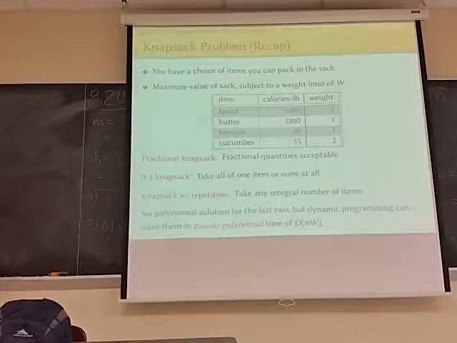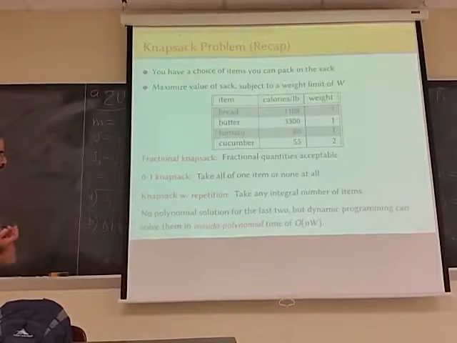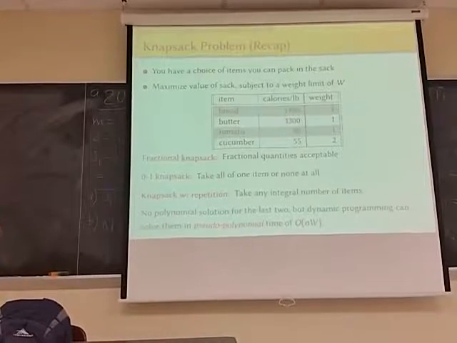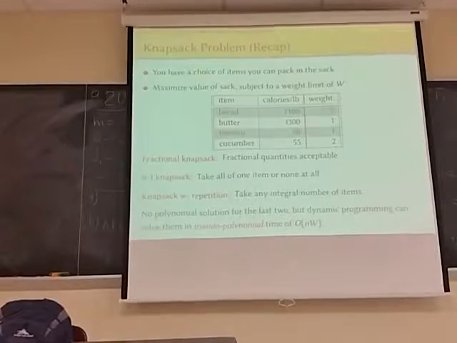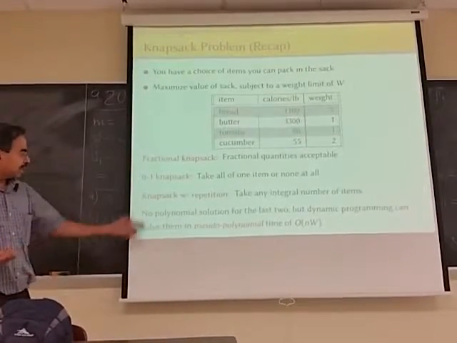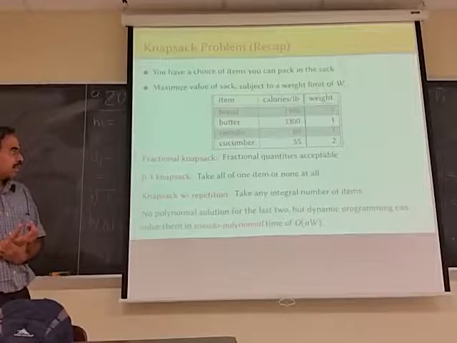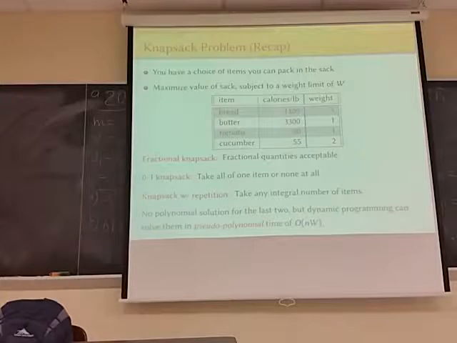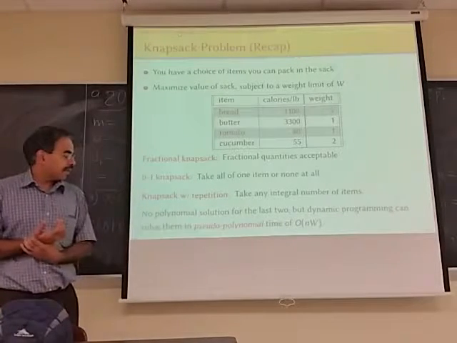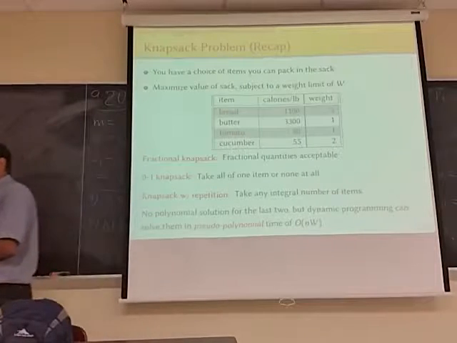But if you pretend for a minute that we don't need linear in the size of the input, but only polynomial in the total weight, then you can have an algorithm which says O of n w.